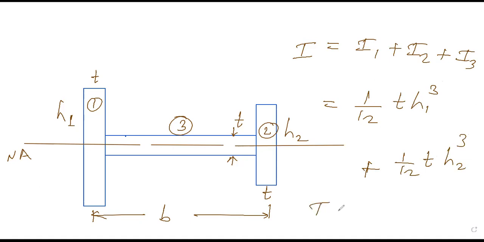So I is equal to, after simplification, T by 12 is common, H1 cube plus H2 cube. So this will be the moment of inertia.